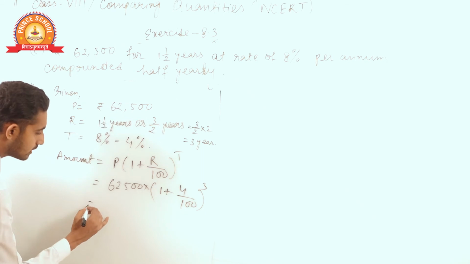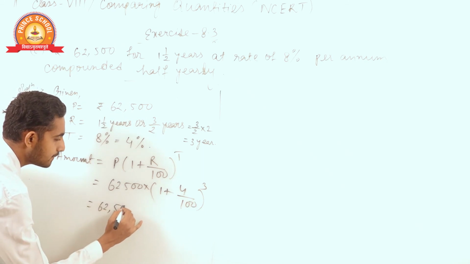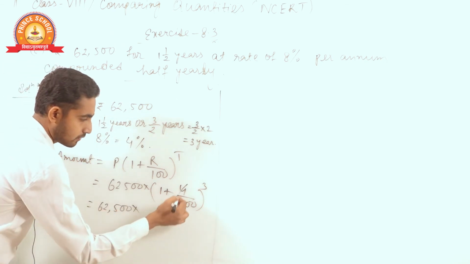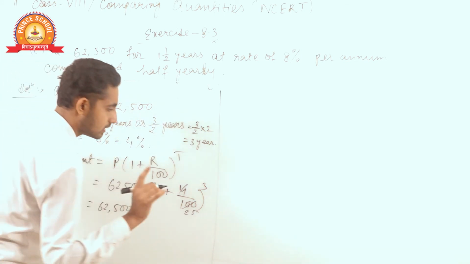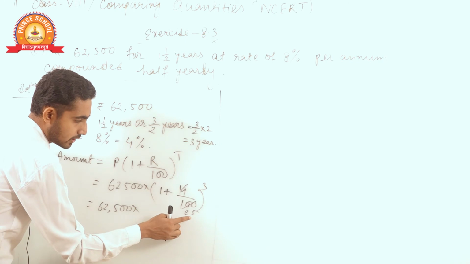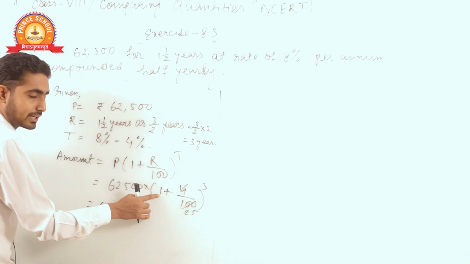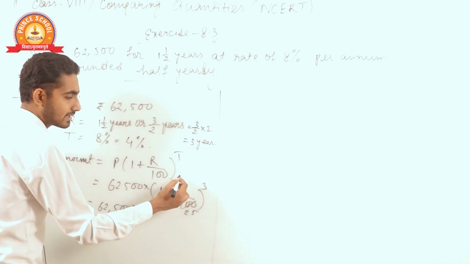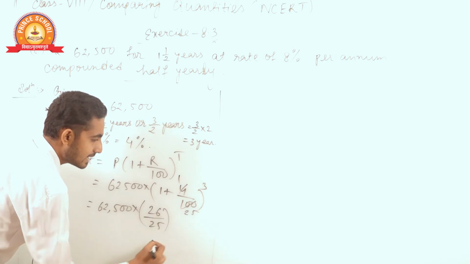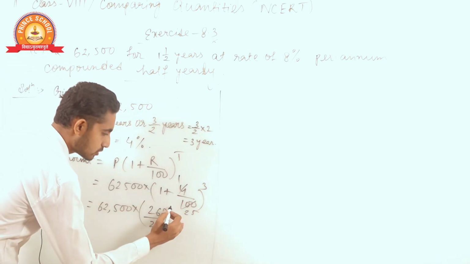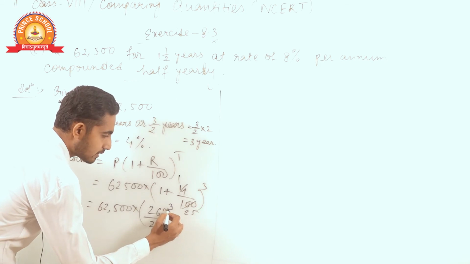Okay. Now 62,500 multiplied by 4, that cancels out by 25. Now I will do it in one step only. 25 into 1 is 25, plus 1 is 26. So 26 upon 25. I took the LCM and did it directly. So 26 upon 25 raised to the power 3.